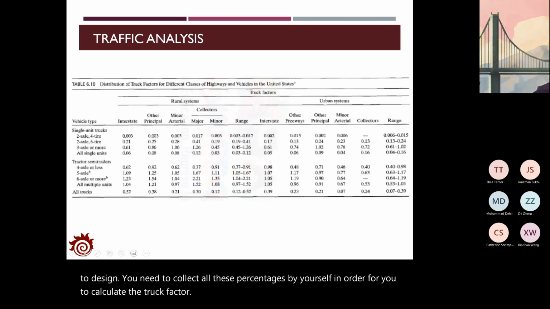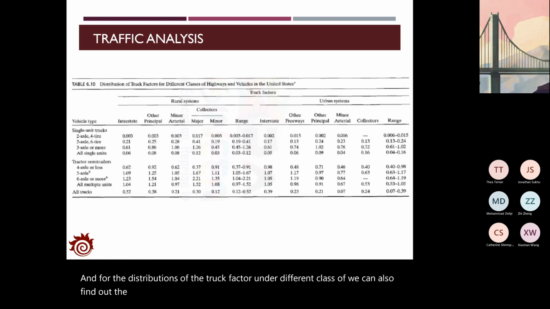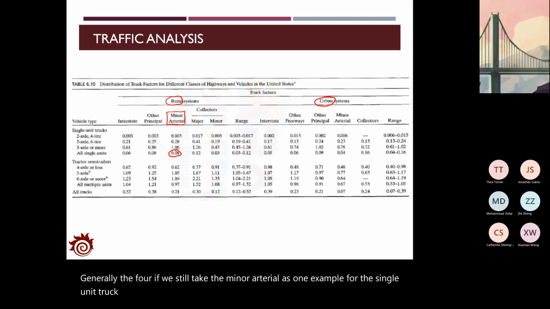And for the distributions of the truck factor under different classes, we can also find the values for the rural system and the urban system. Generally, if we still take the minor arterial as one example, for the single unit truck, the overall truck factor is around 0.08.